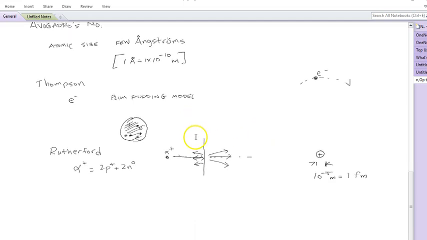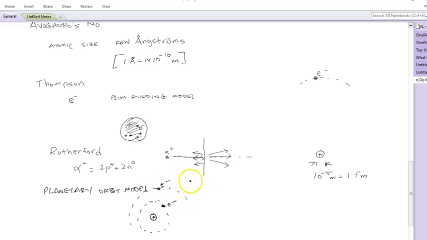That leads to what's called the planetary orbit model. So in the early 1900s, we have the planetary orbit model, which says that the positive charge of the atom is concentrated in this tiny volume, the nucleus, and the electrons are orbiting this nucleus, just like planets orbit the sun.